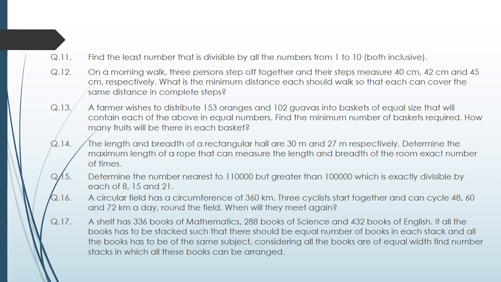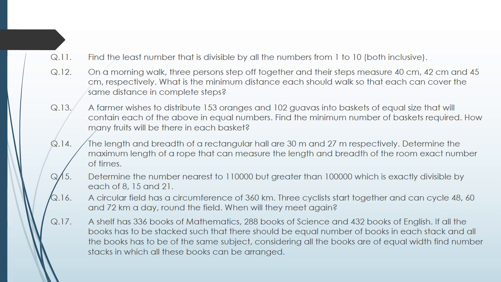Getting it? So you will first find out the LCM of the given three numbers and by that number you will divide 1,10,000. After dividing 1,10,000 by the LCM, you will find some remainder and you have to subtract that remainder from 1,10,000, which is nothing but your answer. Suppose 250 is the remainder.